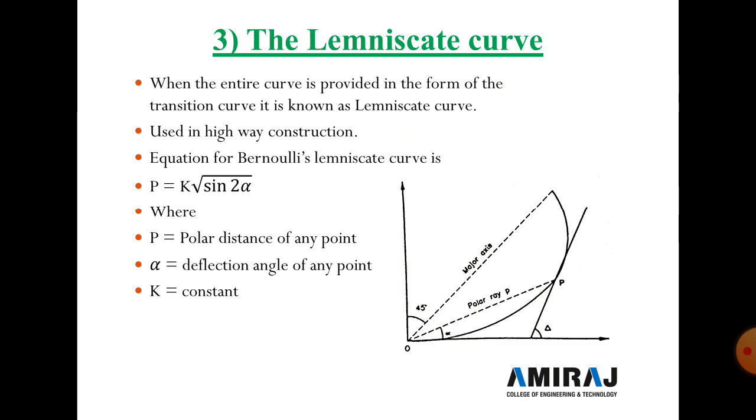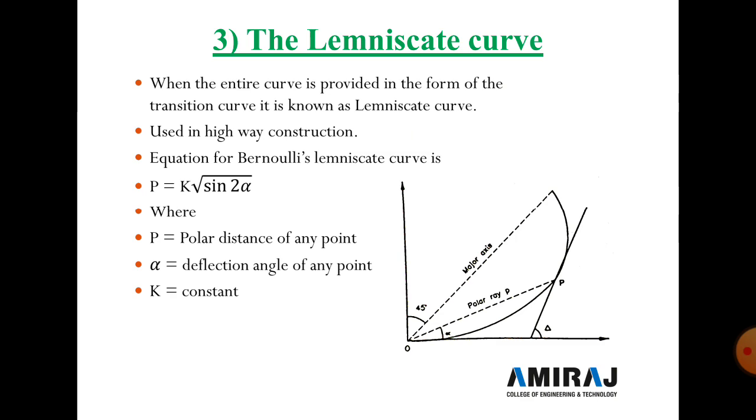Now next method is the lemniscate curve. So this is the third type of transition curve, the lemniscate curve. So when the entire curve is provided in the form of a transition curve, it is known as a lemniscate curve.